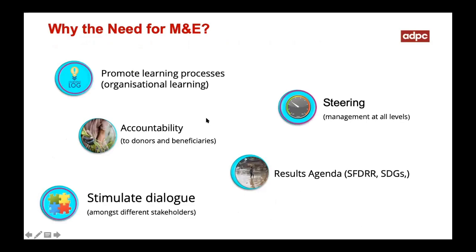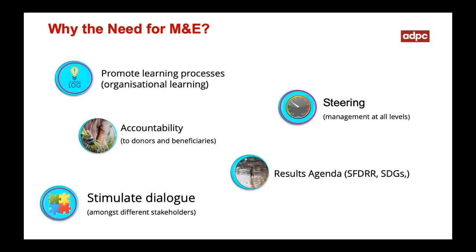So we need to know its importance, because if it's not important, then let's ignore M&E. Don't do it. But it is important because it promotes the learning process, organizational learning. Because you don't undertake your risk communication individually.